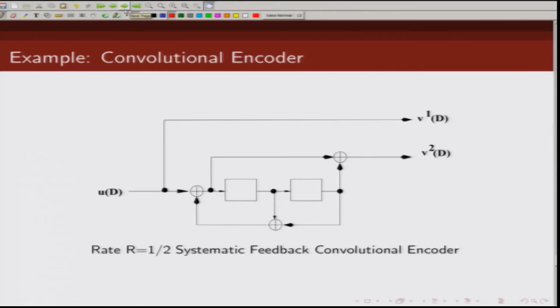So, let us take another example. This is an encoder. Now, following the same procedure as we explained earlier, we can draw the state diagram for this. So, where are the states? This is one state, this is another state, and similarly we can find out for all possible initial states and all possible inputs, what are the next state and the corresponding output.